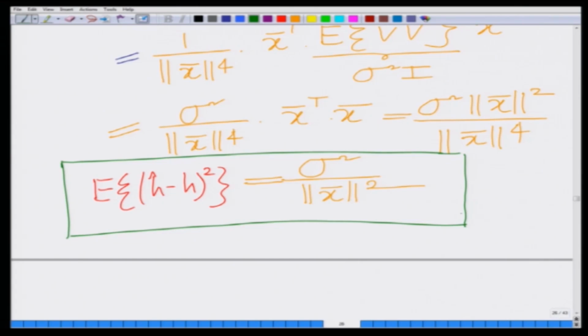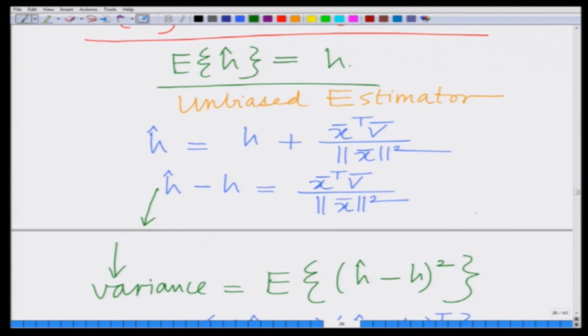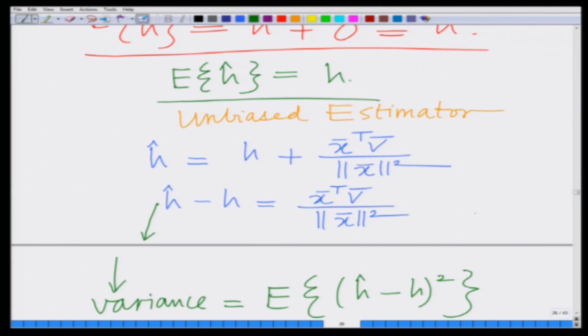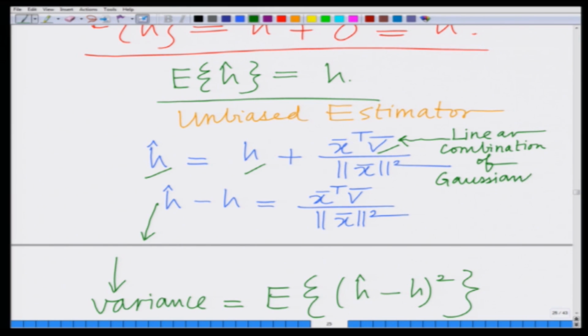Further, now we can characterize the distribution of the channel estimate H hat. If you go back and look at H hat, you can see H hat is basically H plus x bar transpose V bar divided by norm x bar square, which is a linear combination of Gaussian random variables, and therefore, it follows that H hat in turn is Gaussian.